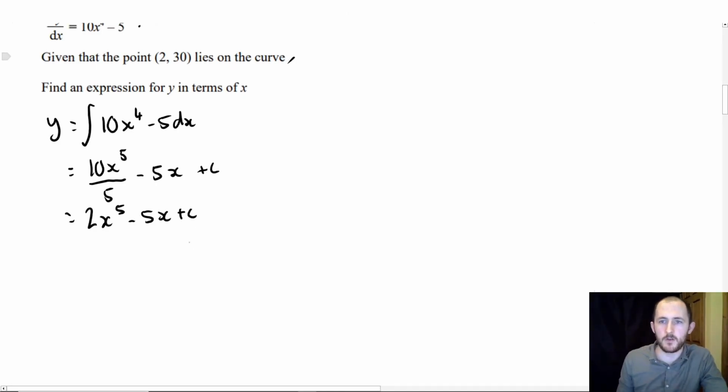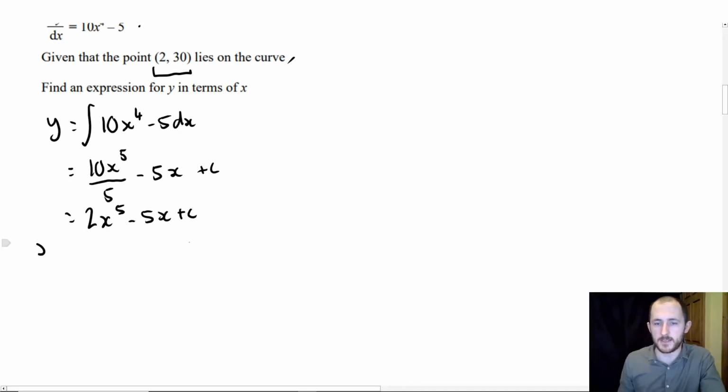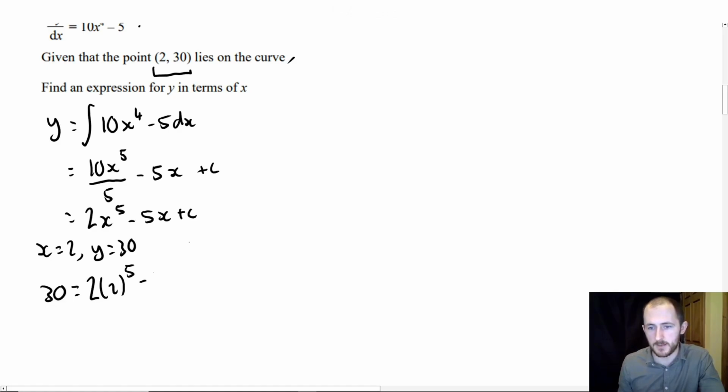But they give me a coordinate. So to work out the value of c, when you work out the equation for y, you have to have a coordinate. You have to sub in that coordinate. So we can write x equals 2, y equals 30. So now we have 30 equals 2 to the 5 minus 5 times 2 plus c.